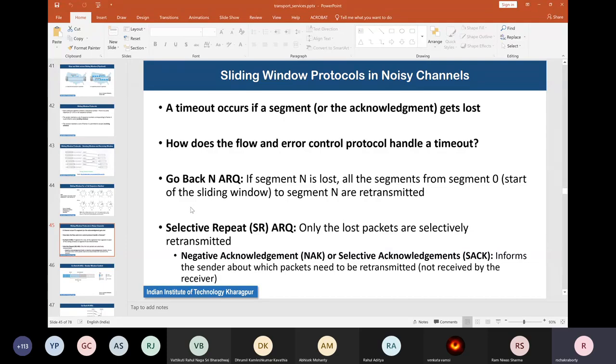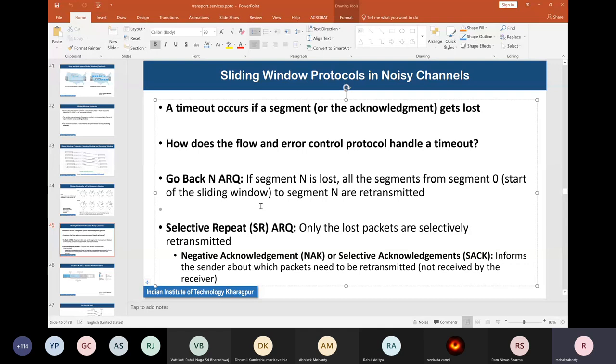One option is, say if segment N is lost, all the segments from segment 0, that is the start of the sliding window, up to segment N are retransmitted. Please, in this context, segment 0 is the start of the sliding window. And in the selective request, only the lost packets are selectively retransmitted. We will cover both one by one.